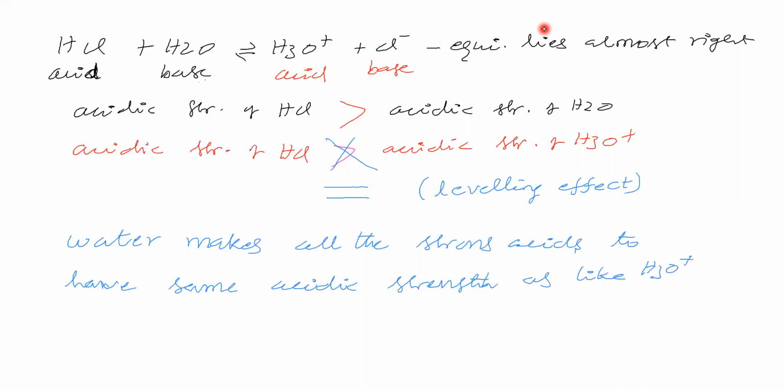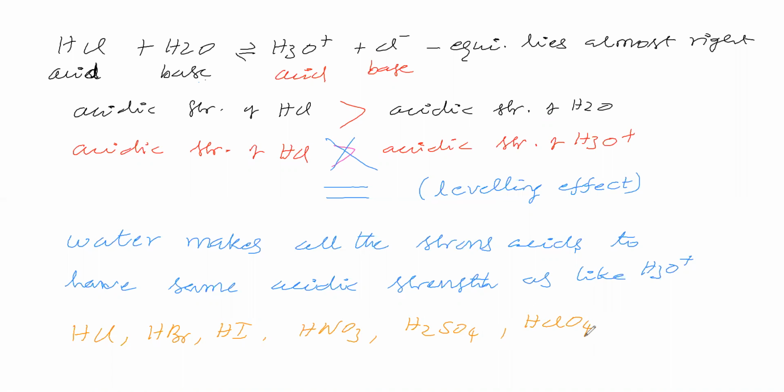Which are strong acids? Strong acids are the hydrogen halides HCl, HBr, HI, then nitric acid, sulfuric acid, and HClO4.